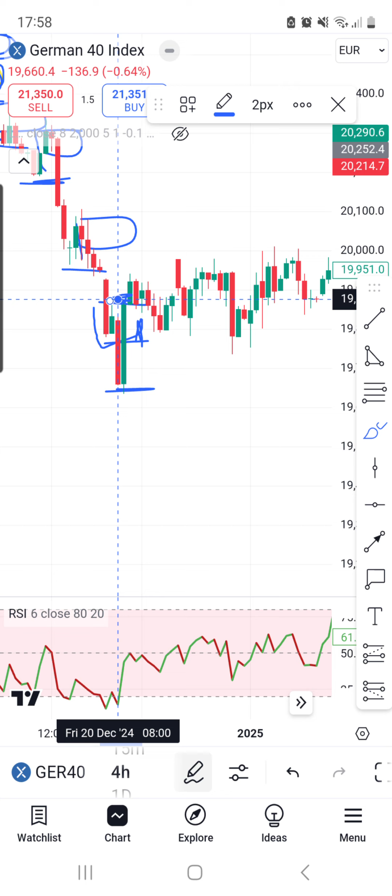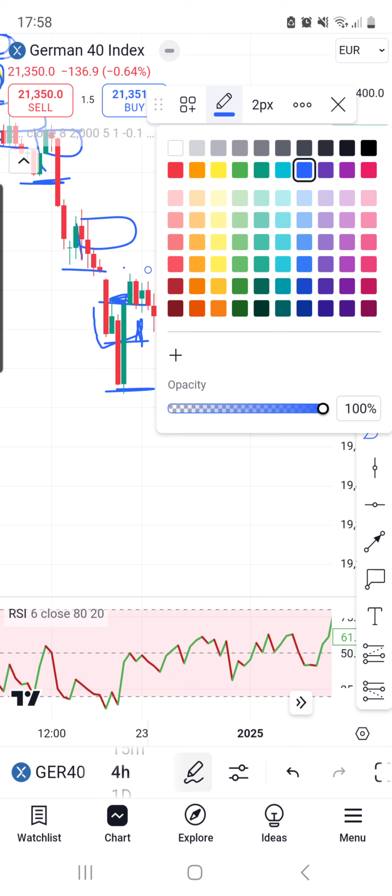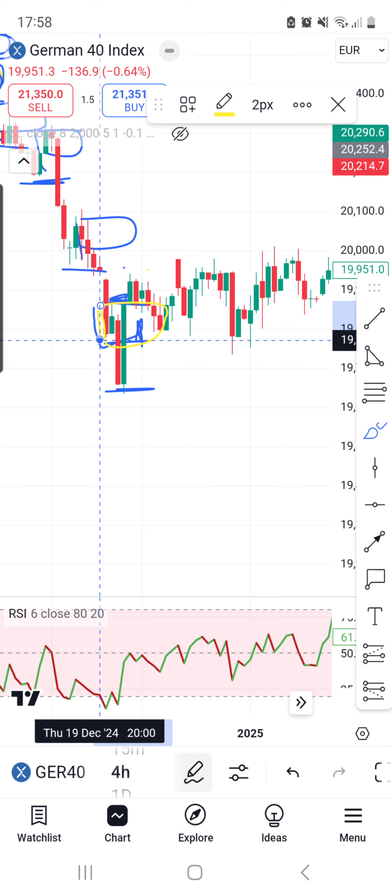This is the top part of our wick, and can you see the body of this candle, this one and this one? It's way above. So price closed above our order block, making this a breaker. So this is what we call a breaker. Whenever we see a breaker, it means change of direction.